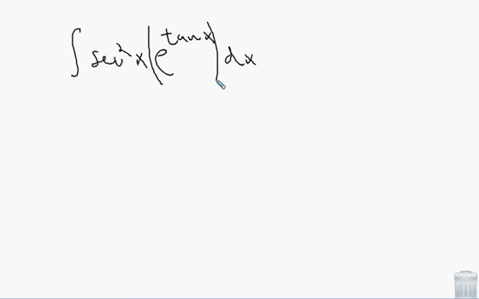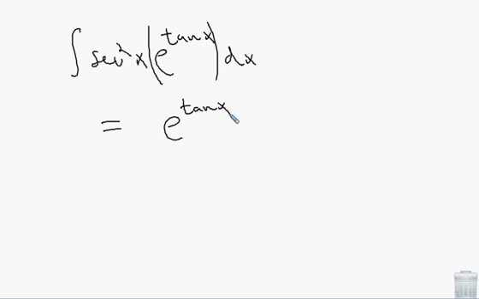Let's do something like the integral of secant squared x e to the tangent x dx. Okay. Well, we have an e to a function, right? The integral is always going to include e to that function.